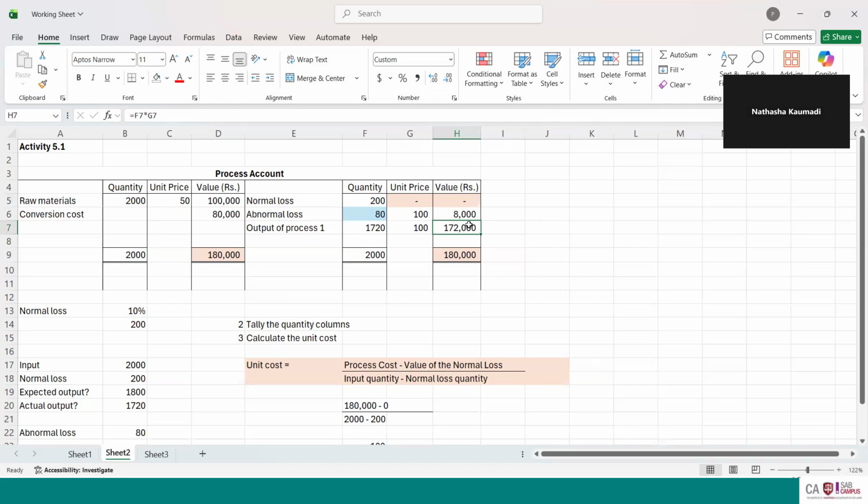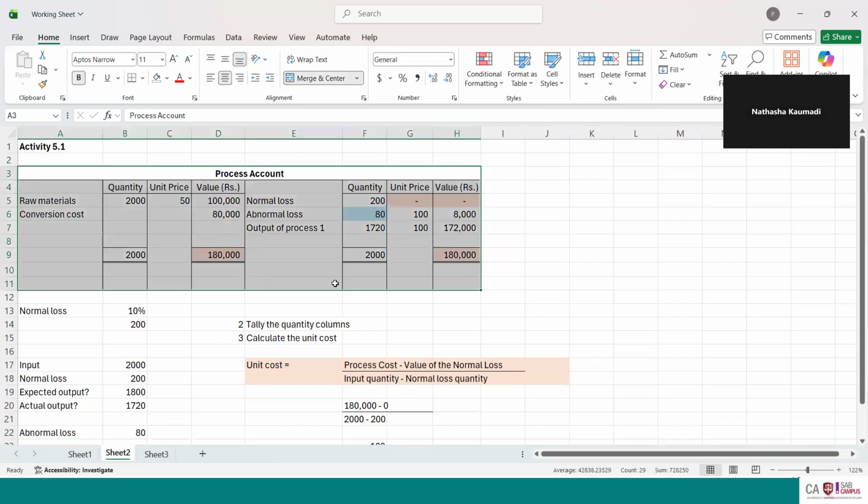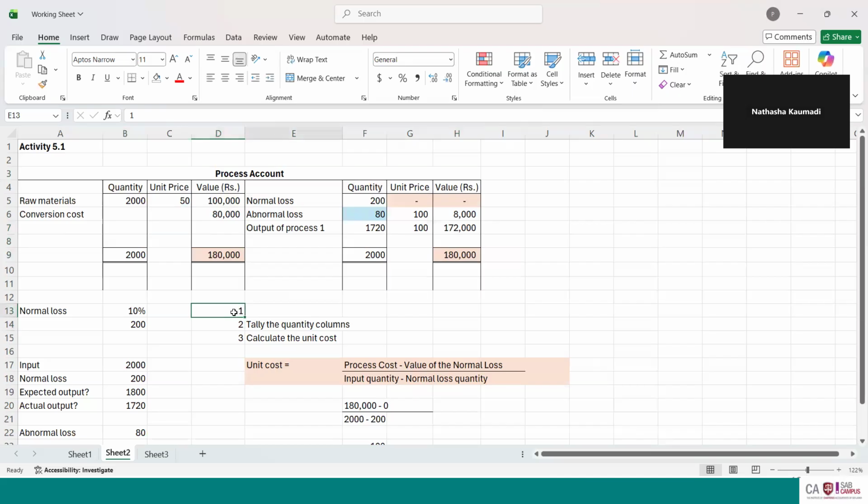But there are some instances where we do so. I will explain them. And then I told you there are some steps when it comes to completing a process account. First of all, after drawing the structure, the first step is to write the information given in the question, right? First of all, you record all this information given in the question.